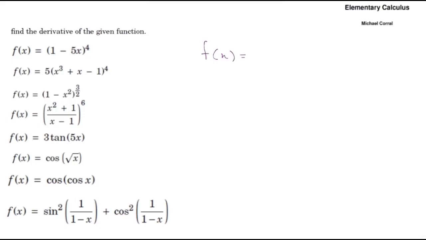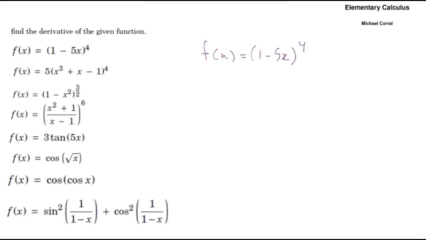f(x) equals (1 minus 5x) to the fourth power, and this function is a bit complicated because the expression 1 minus 5x has an exponent of 4.